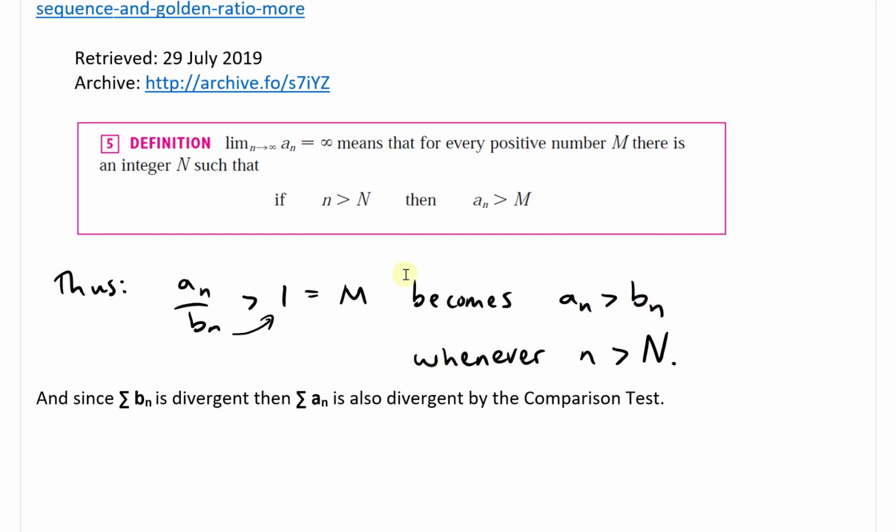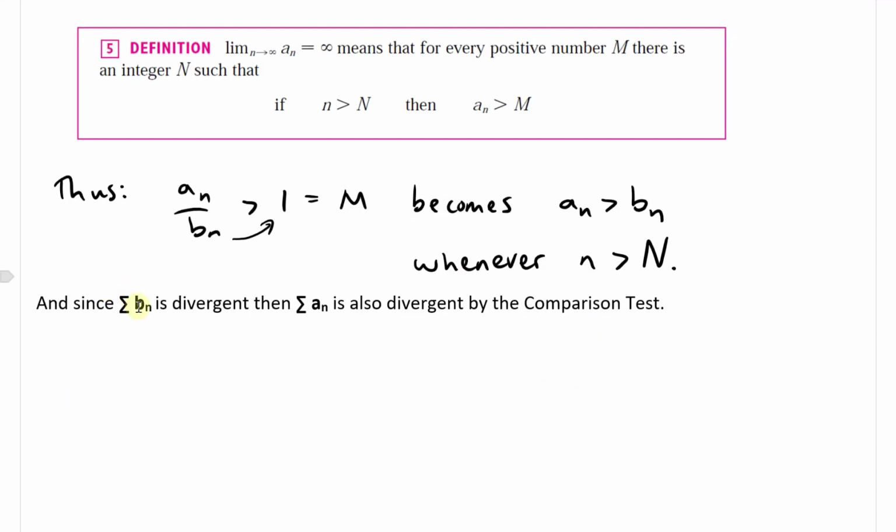But bn is a divergent series, so we use the comparison test. Since the series bn is divergent, an is also divergent by the comparison test, because the terms of an are bigger than the terms of bn whenever n is greater than a certain number, capital N. So there it is, that's the proof.